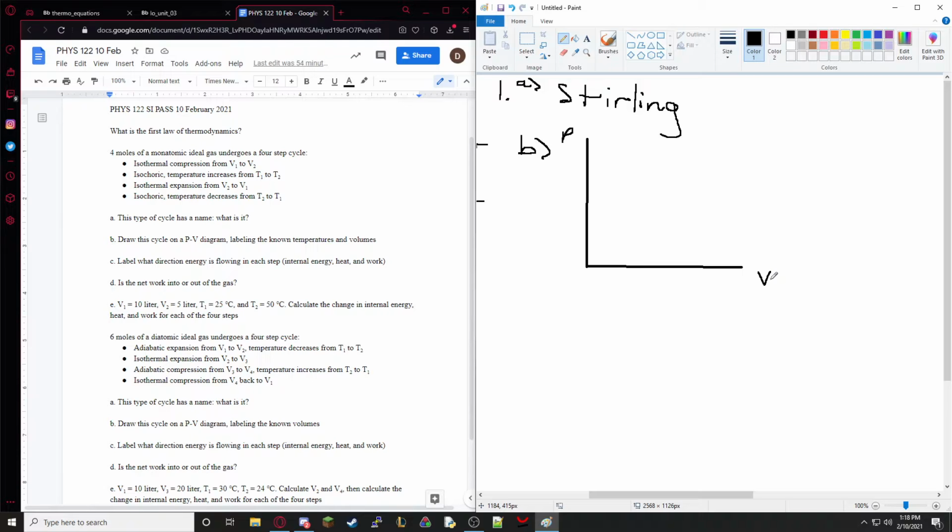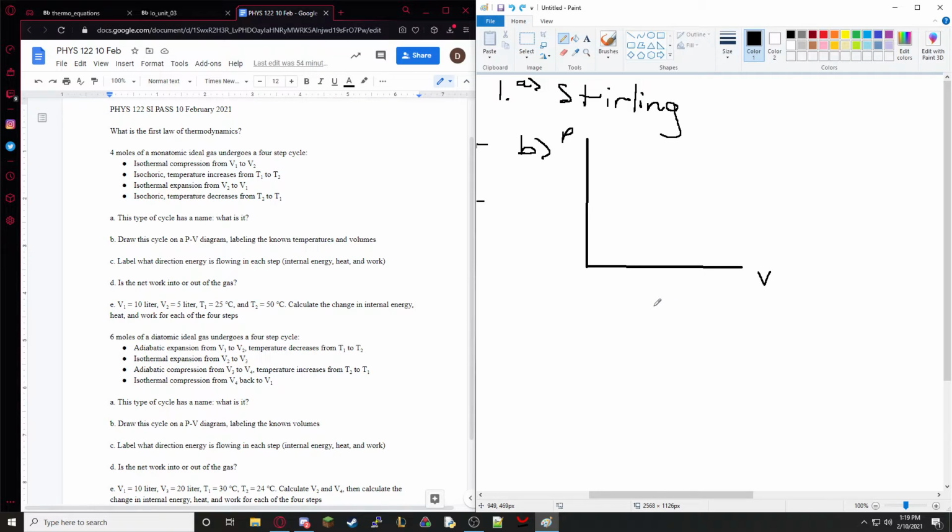What does an isochoric process look like on a PV diagram? First off, what does isochoric mean? The volume doesn't change, so it's basically a straight line up or down. Exactly. So our isochoric processes are going to be straight vertical lines.